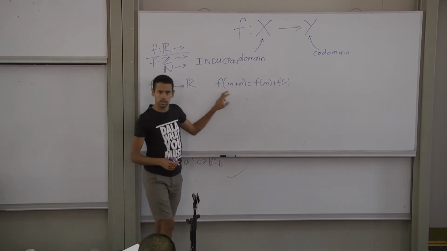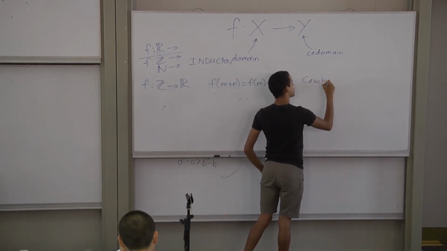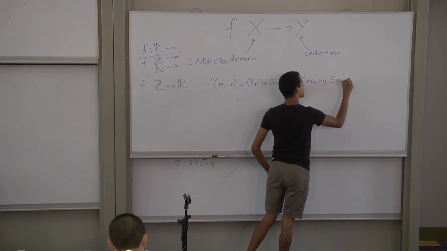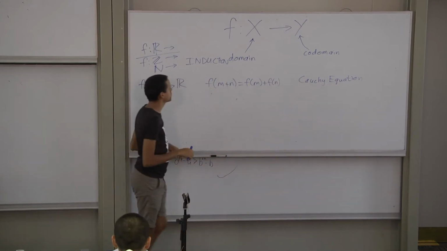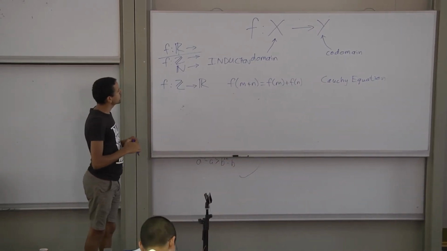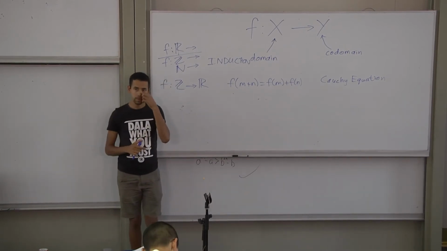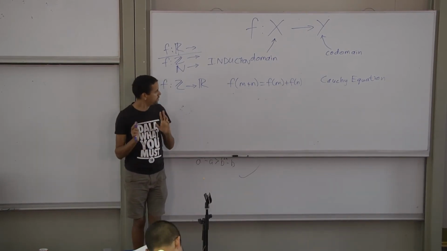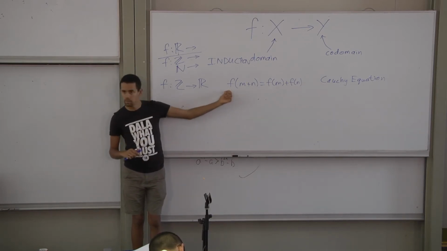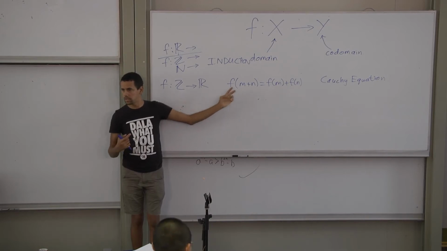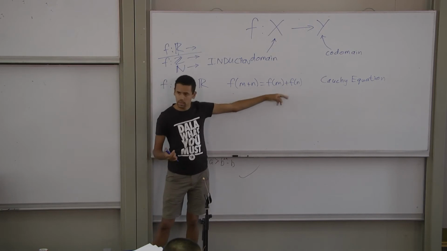This little thing is called the Cauchy equation. It is called that because under a specific set of circumstances, as we've guessed before, the solutions look like a constant times your input value. So f of n would be a constant times n.